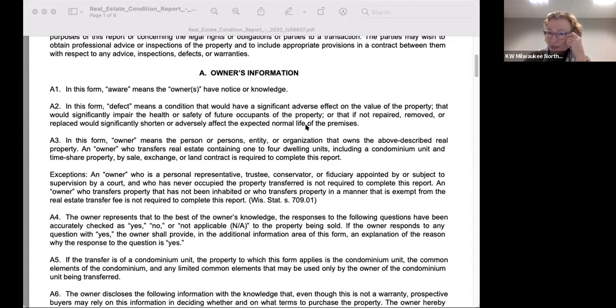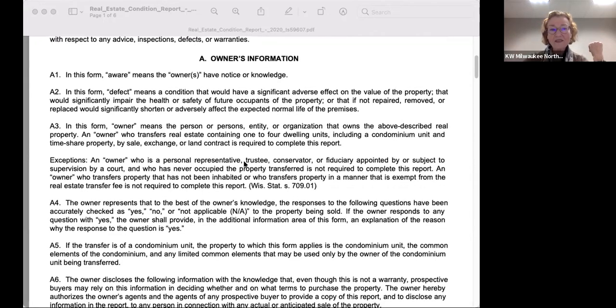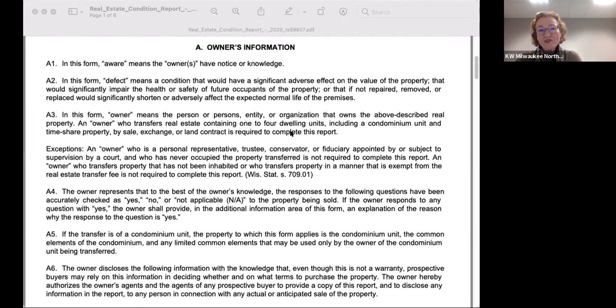This is for the seller's benefit, for them to read what the definition of a defect is, and to help fill out the condition report. Again, agents, hands off.